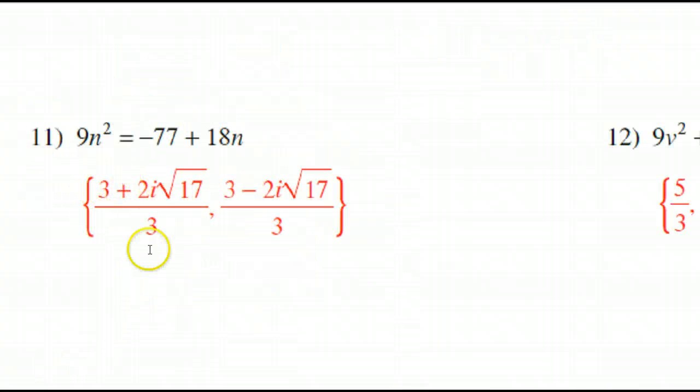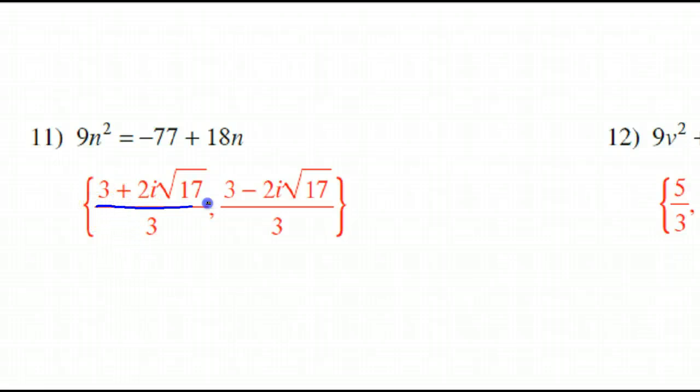Now I just glanced at the answer key for this one to check my work. And I'm seeing that this is the form that they're writing their answer in. But please understand, number one, that having two separate answers like this is the same thing as having plus or minus. But also understand that this whole fraction has the same value as what I wrote.